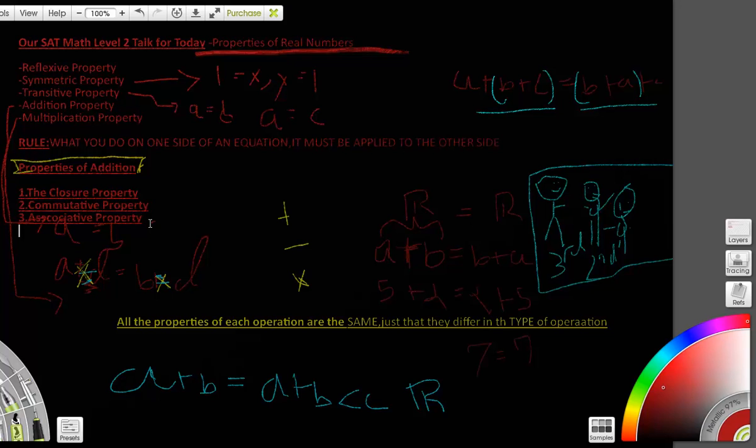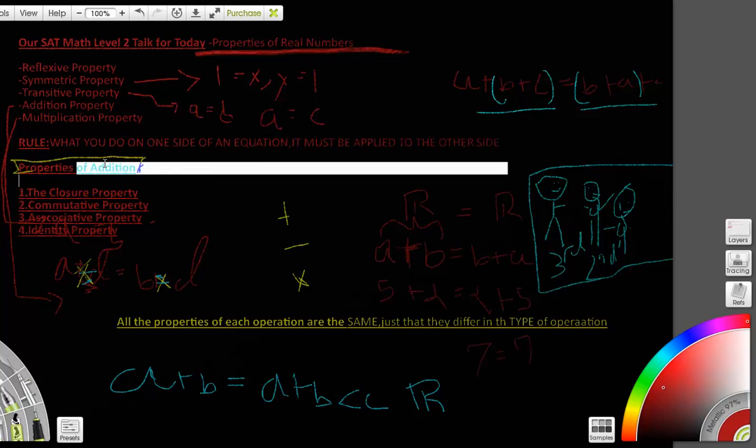So the next thing we have to go over is the identity property. I didn't put any of them capital. And what I actually forgot to do is add a decimal point.